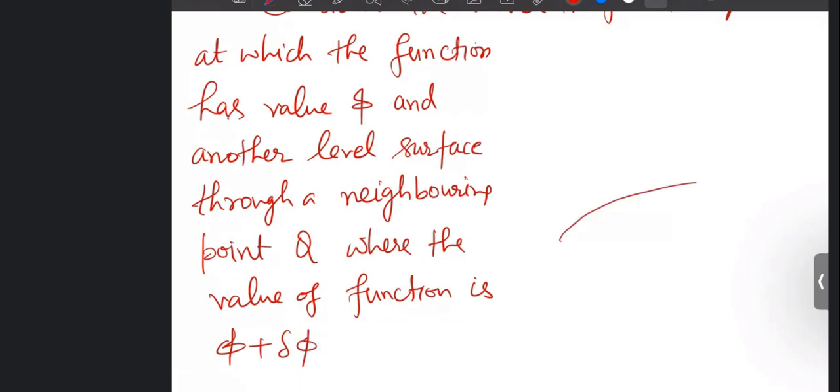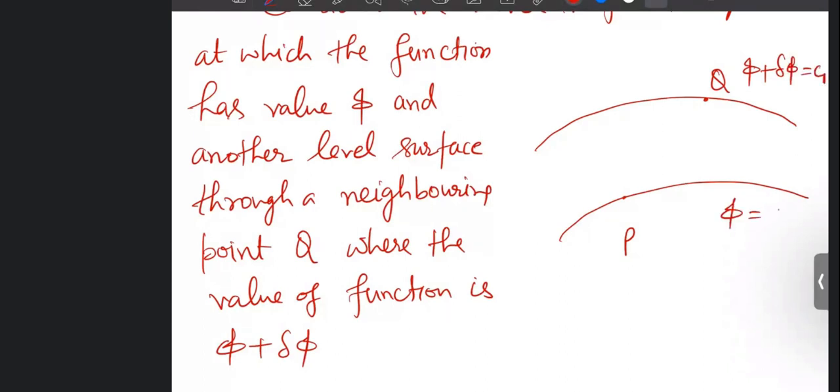We consider one from point P and another level surface from Q. This is phi plus delta phi equal to c1, and this is phi equal to c. We consider these two surfaces.